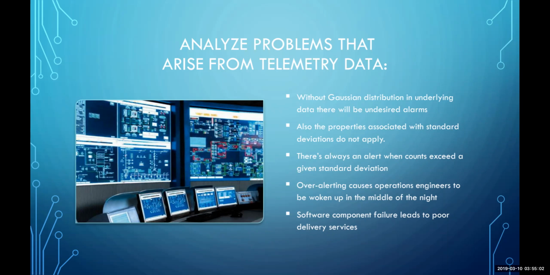Also, the properties associated with standard deviation do not apply, and there is always an alert when counts exceed a given standard deviation. Over-alerting causes operations engineers to be woken up in the middle of the night, and that's where we spoke about the times the alarms will give you a wake-up call.